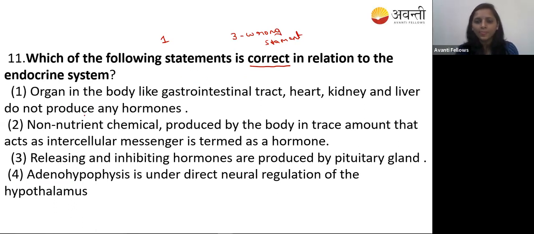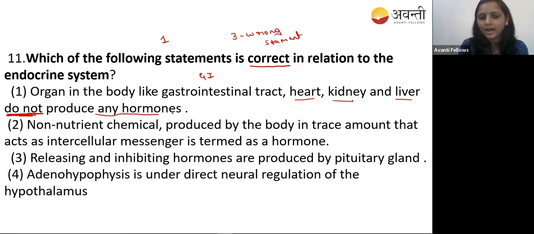Organs in the body like the gastrointestinal tract, nothing but the GI tract, and heart, kidney, and liver do not produce any hormone. Is that correct, guys? Is the statement correct? No, right? Because our heart, kidney, and liver produce hormones. Our heart produces the ANF hormone, atrial natriuretic factor.